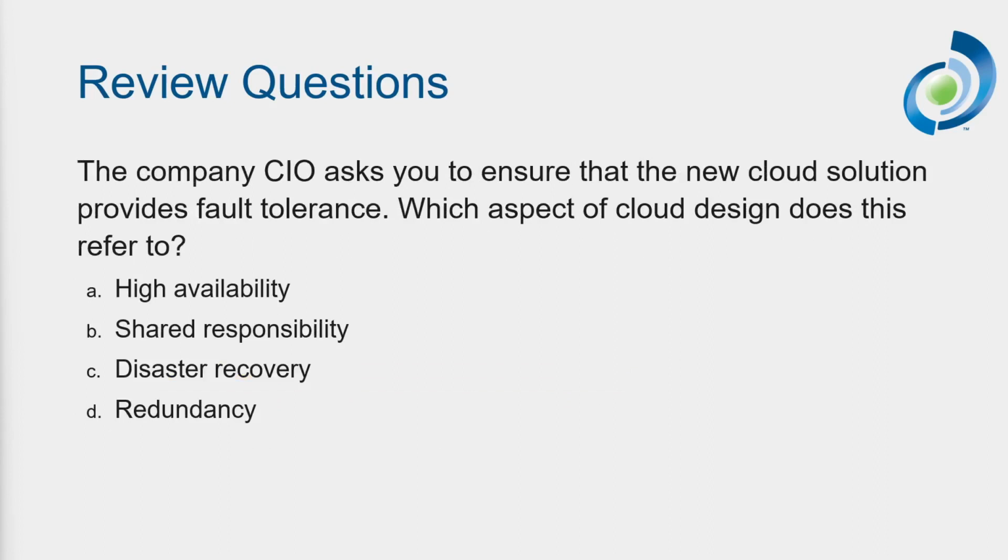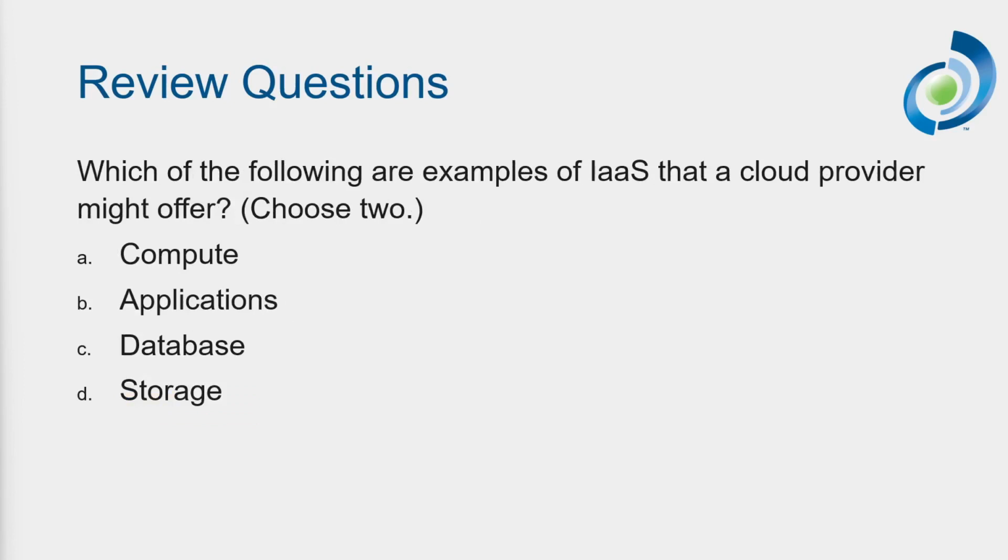The company CIO asks you to ensure that the new cloud solution provides fault tolerance. Which aspect of cloud design does this refer to? Redundancy. Which of the following are examples of infrastructure as a service that a cloud provider might offer?